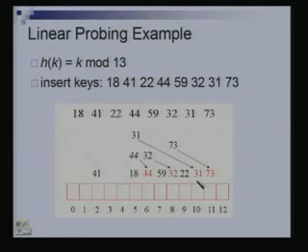So we go to the next location, which is empty, and we put 31 here. 73 mod 13 is 8. So we check for 73 here. This location is occupied, this location is occupied, and so we have to put 73 at this location. Okay. So very simple idea.